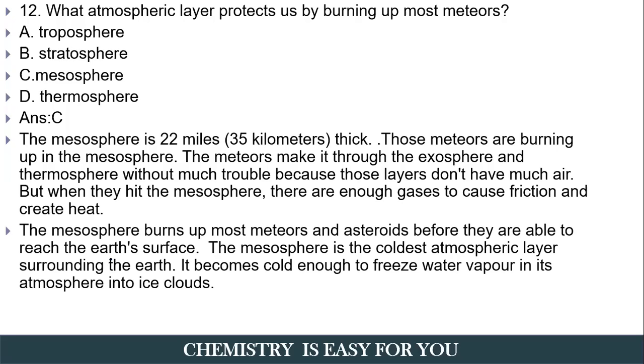Another fact about the mesosphere is that it is the coldest atmospheric layer surrounding the Earth, and it can become so cold that it freezes water vapor into ice clouds. So you can imagine how cold it is. It can burn up most meteors because it has enough gases, and its thickness is 35 kilometers or 22 miles.